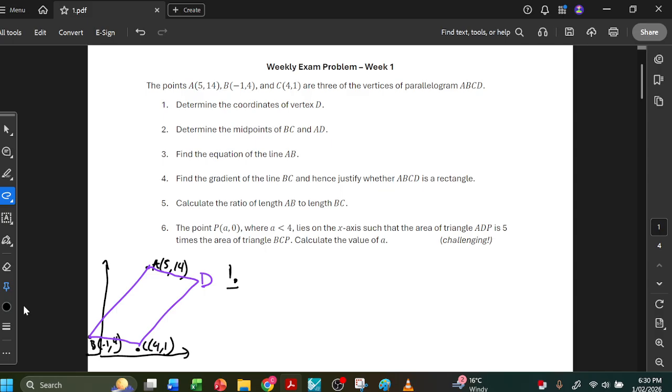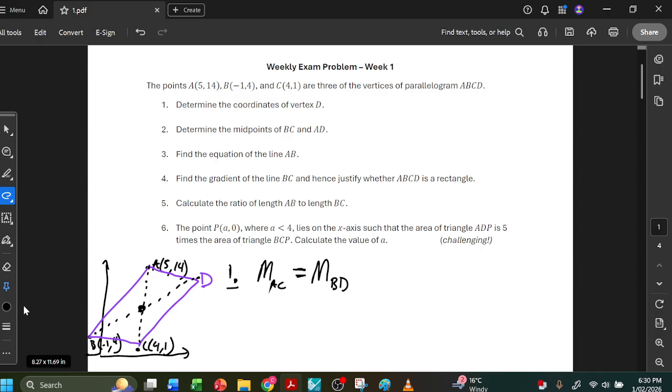That is to say, if we were to draw a line from B to D and draw a line from A to C, those 2 lines are going to intersect one another at the midpoint of each of them, which is to say that the midpoint of AC is going to be equal to the midpoint of BD.